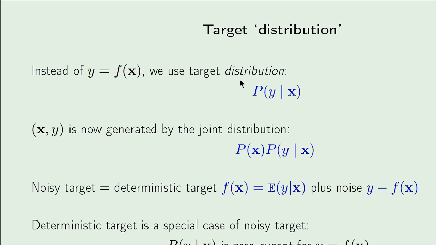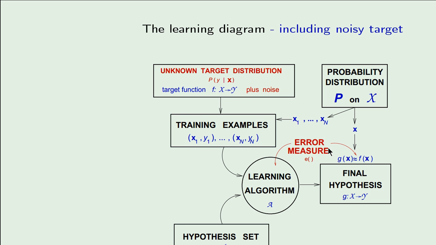Now the joint probability distribution is P(x) times P(y given x), which is also called P(x, y), the probability of both x and y happening. And now, instead of a deterministic target, you have some noise, which is y minus f(x). That's the noise factor of the situation, and this is where you're bringing in the noise.